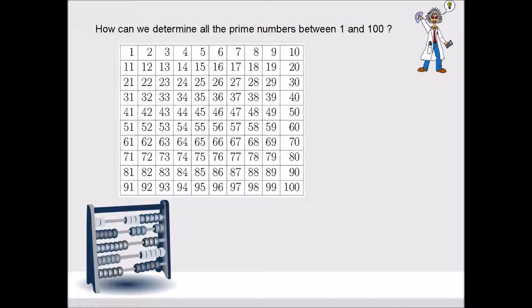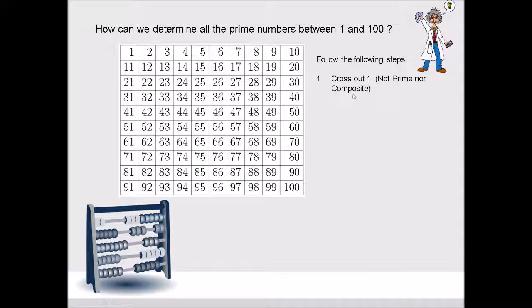From time to time, you will get in an exam paper a block like this, and they will ask you to write down the prime numbers in that block. And therefore we're going to use our divisibility rules to determine that.